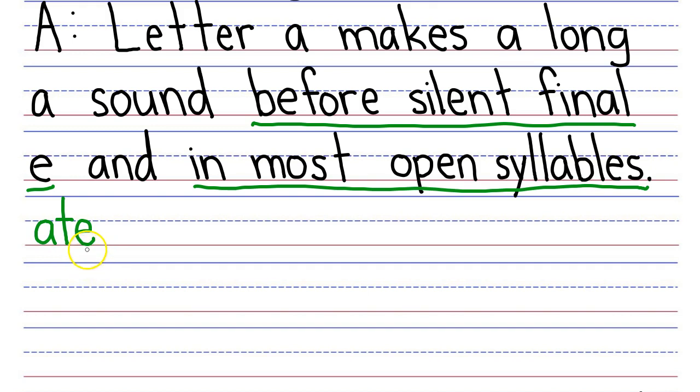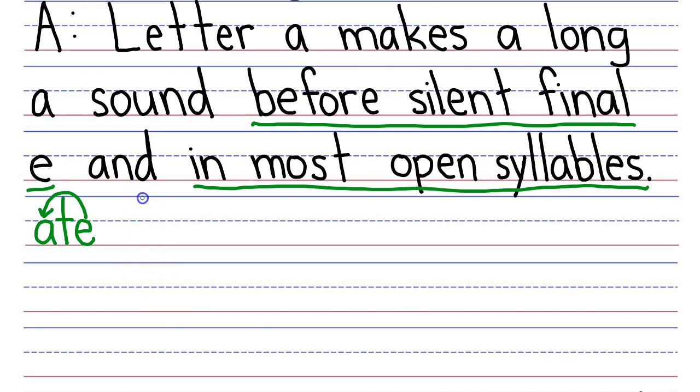It's a silent final E. And the reason it's there is so that when you're reading this word, you don't say at. You don't make the short A sound. Instead, you make the long A sound. Ate. So the E makes the preceding vowel make a long sound. This happens in a lot of words. So let's write out some of those words.